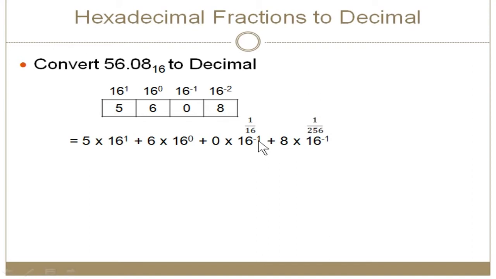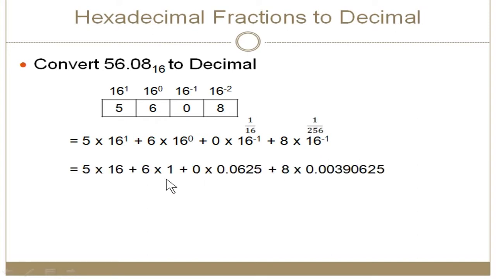Now 16 to the power minus 1 can be written as 1 by 16, so you get a decimal value for that. And 16 to the power minus 2 is 1 by 256, which also gives a decimal value. Now 5 into 16, since 16 to the power 1 is 16. And 16 to the power 0 is 1, so you get 6 into 1, plus 0 into 16 to the power minus 1.